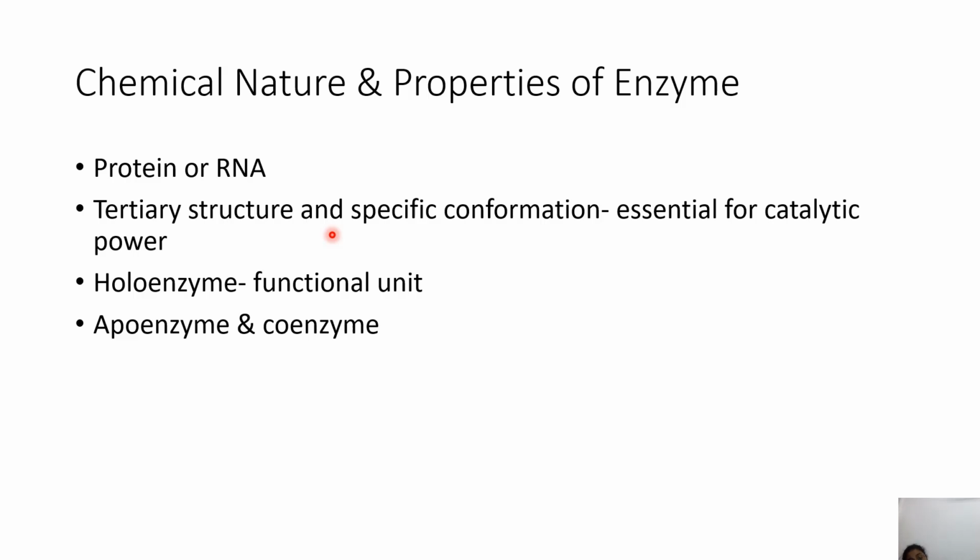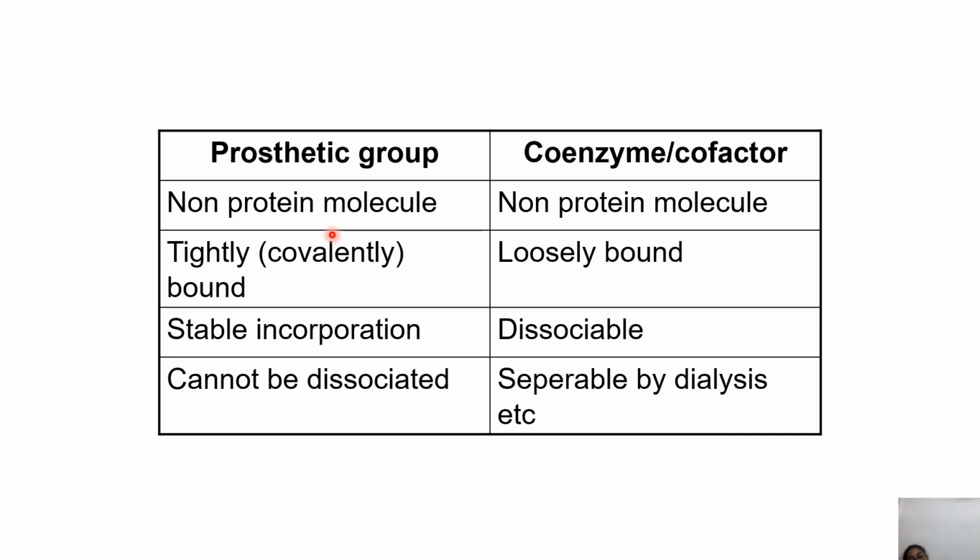Now, protein or RNA can be catalytic. So they can be RNA, or they can be enzymes. Tertiary structure and specific conformation are very essential for catalytic power, because that will determine the active site. The functional unit is called the holoenzyme, and we will discuss the apoenzyme and coenzyme.